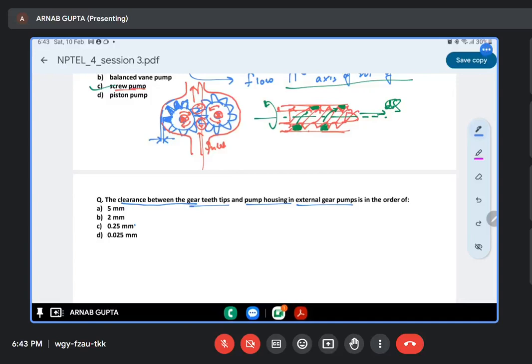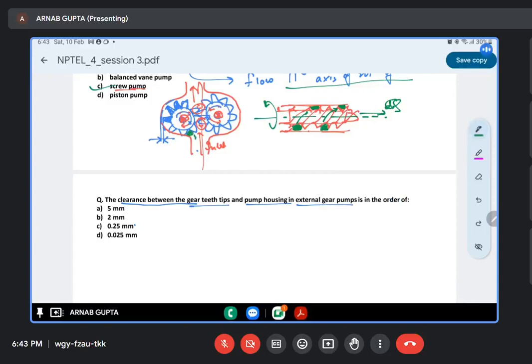So as we know, this is a positive displacement pump. So what happens when this particular gear is rotating? Suppose a particular stream of liquid is getting trapped here.